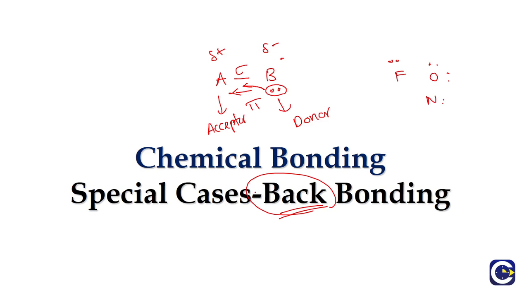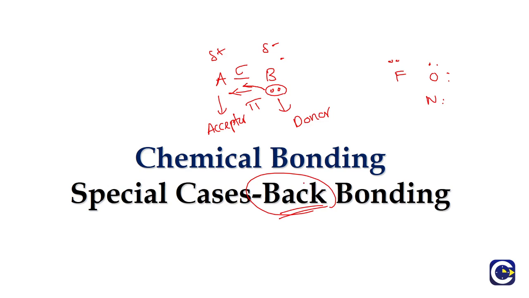Generally in any covalent bond, the electrons drift more towards the electronegative element, but here this coordinate covalent pi bond is formed with the electronegative element as the donor and the electropositive element as the acceptor. It is coming in the reverse direction. The electron movement is in the reverse direction. That is the reason why we use the word back bonding.